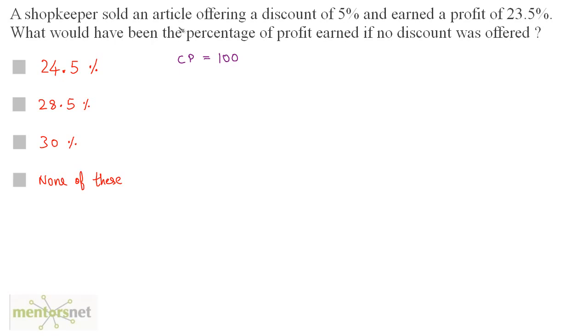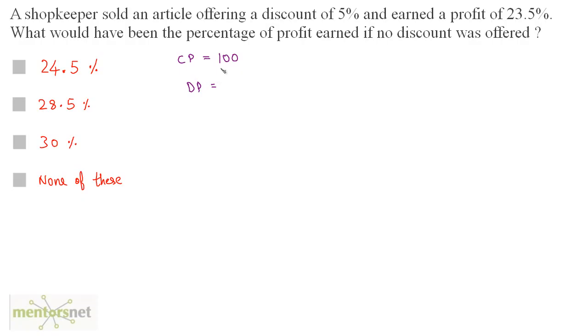Now this article is sold by offering a discount of 5%. And when this discounted price is considered as the selling price, we earn a profit of 23.5%.